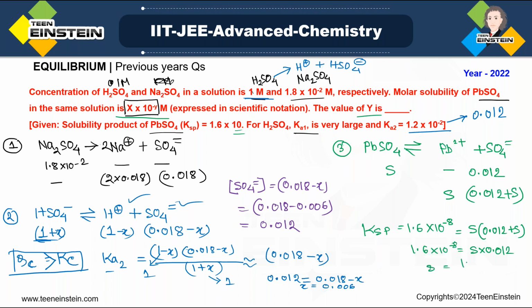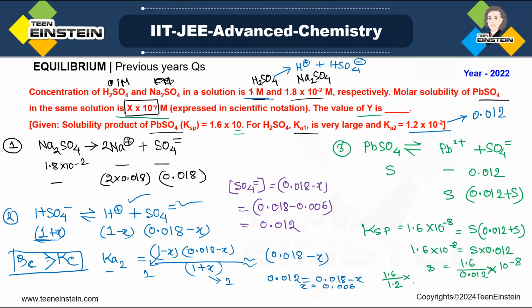So S will be equal to 1.6 divided by 0.012 multiplied by 10 to the power minus 8. If I write it in this format, 1.6 divided by 1.2, I am putting the decimal to the right hand side.